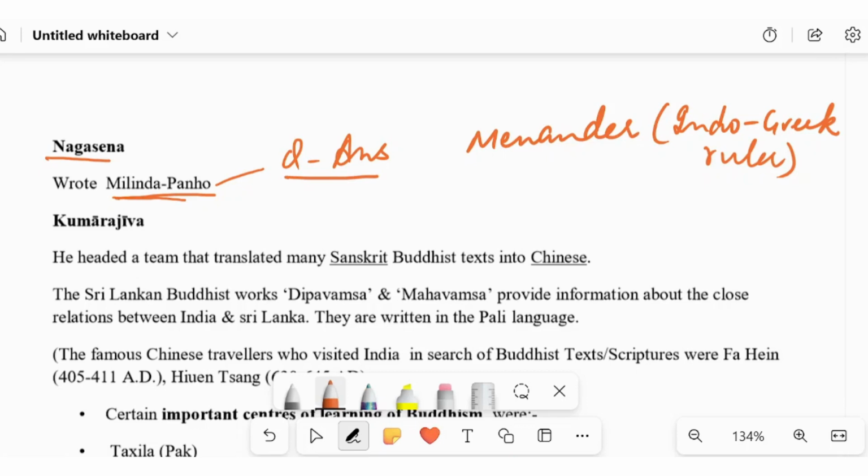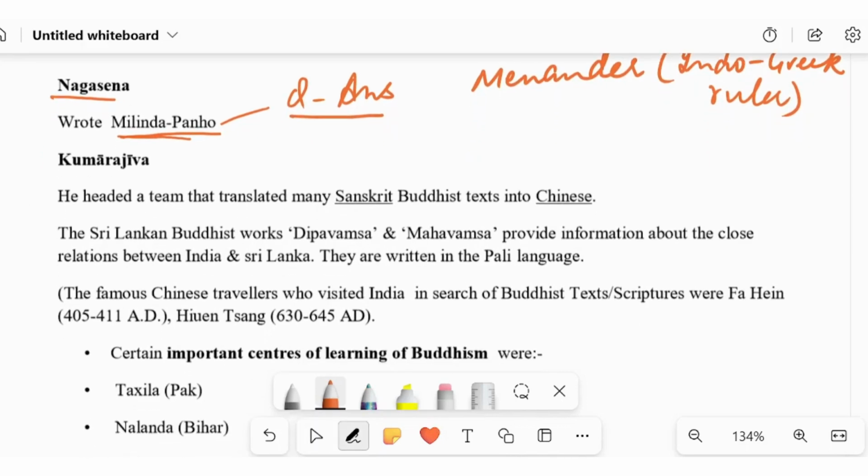Then we come to Kumarji. Now, Kumarji, what is he known for? See, India is the country where Buddhism originated, but then it spread to other countries from here. And it became more popular in other countries because gradually the popularity declined in India, but it became very popular in some other countries like Sri Lanka, China, and the countries of Southeast Asia.